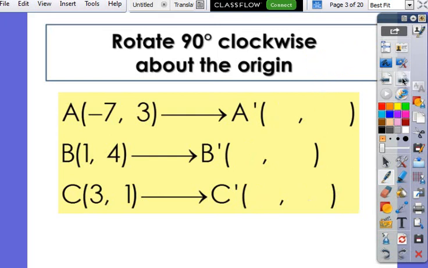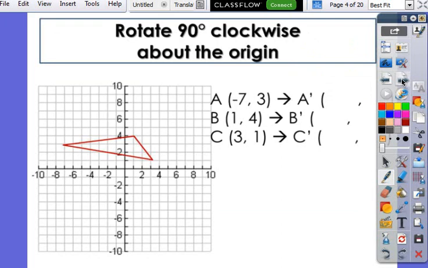So if I take this graph right here, where should it end up? 90 degrees clockwise. This part right here should come down to quadrant 4. And this part right here should go up to quadrant 1. So that's what should happen.